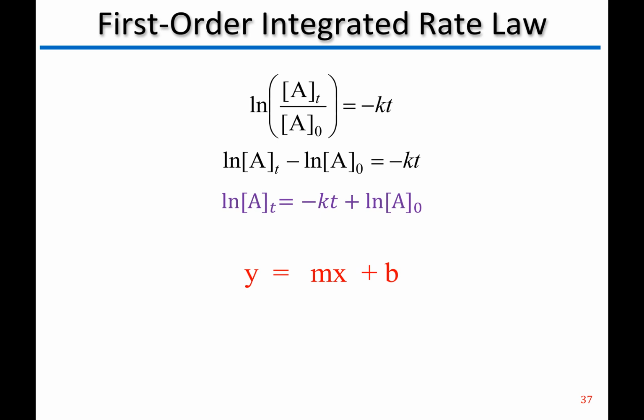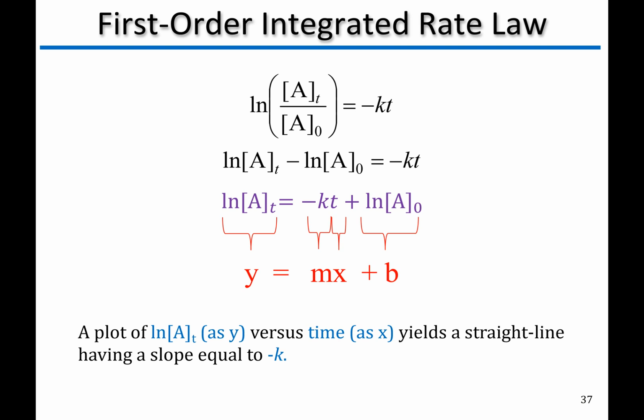Okay, and we can rearrange this to be in the form of a y equals mx plus b equation, meaning we can graph it. So our first term, the natural log of A sub t, is our y; minus k is our m; t is our x; the natural log of A sub naught is our b.